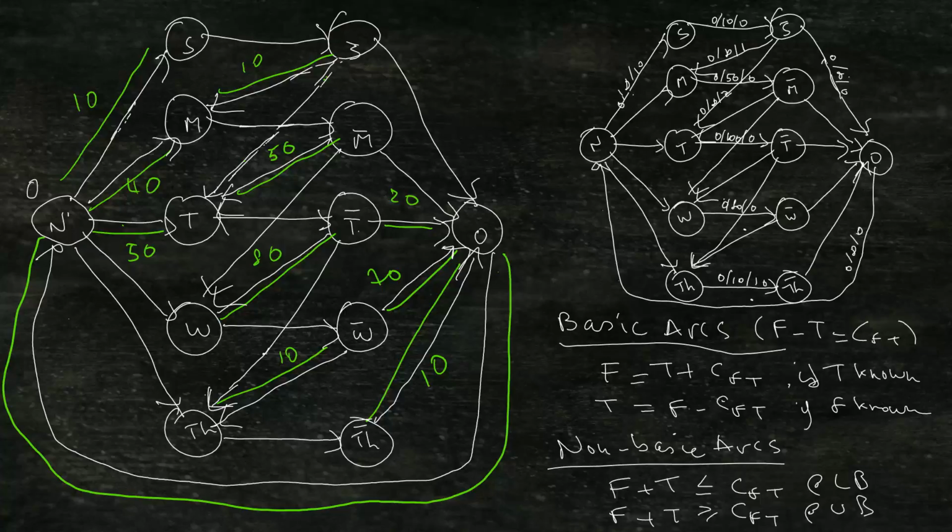So since the from is known, we're talking about the from minus the cost, and we know the cost is minus 10 here. Minus 10, here it's minus 10, and from there we can determine the other nodal prices at S bar and M bar.